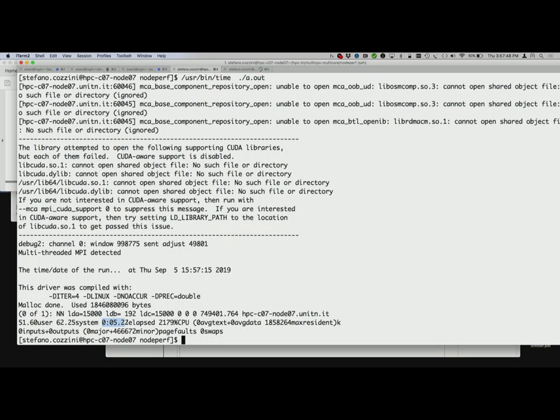But then I look at the user time, which is much larger than 5 seconds. Of course, because the user time is the sum of all the time allocated to my process by all the cores involved in the computation. So I have 51 seconds. And you see that the CPU ratio, that I told you should always be 100% if you run a serial program, now is something like 2200%.